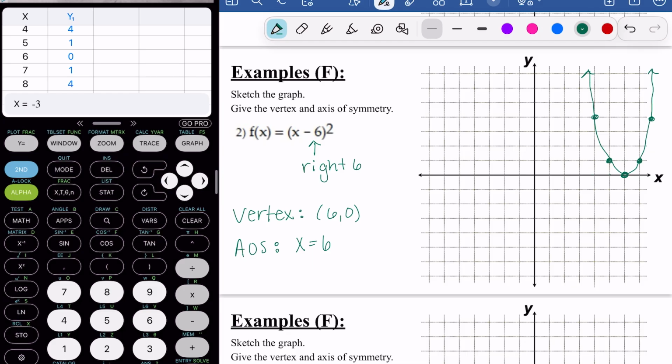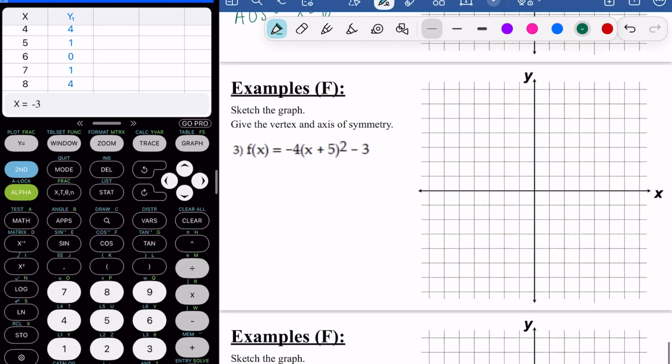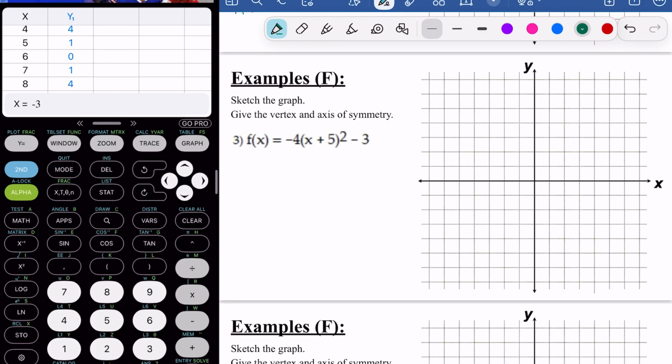Okay. All right, let's look at this one. So, number 3. We've got a little bit more going on here, but we could still get our vertex because this tells me that I'm going to the left 5, and this tells me that I'm going down 3.